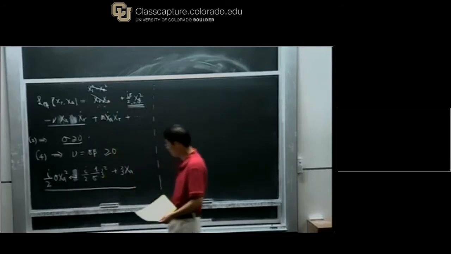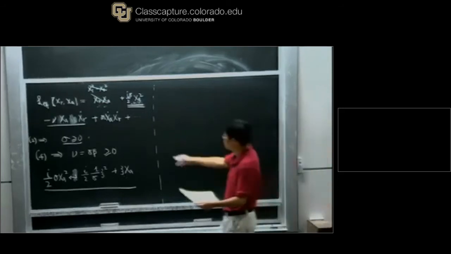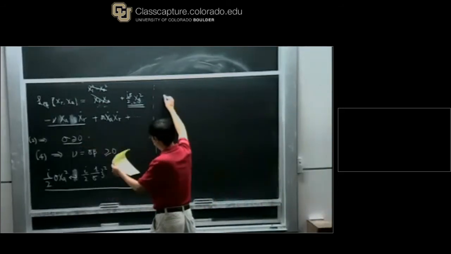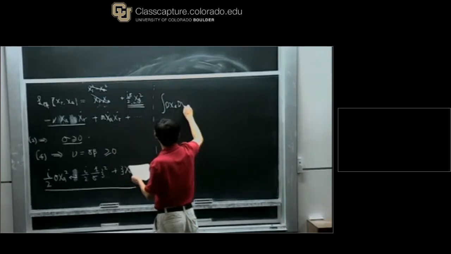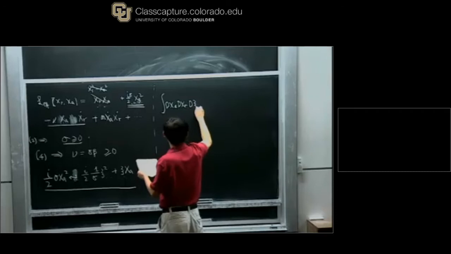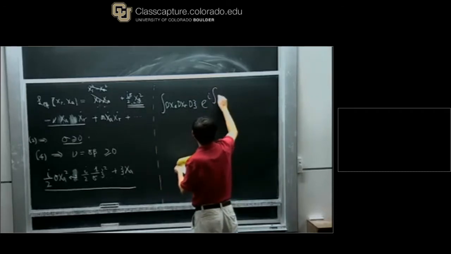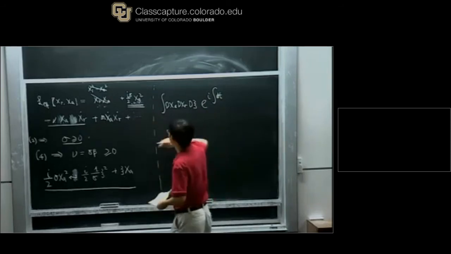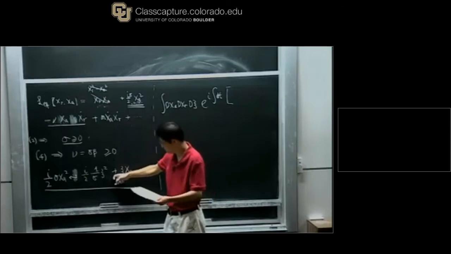So with this, now let's write down the path integral. The path integral has the following form. I have dxa, dxr, dxi, and now I have exponential i integral dt. Let me just plug in this action, except now I replace this term by this term.